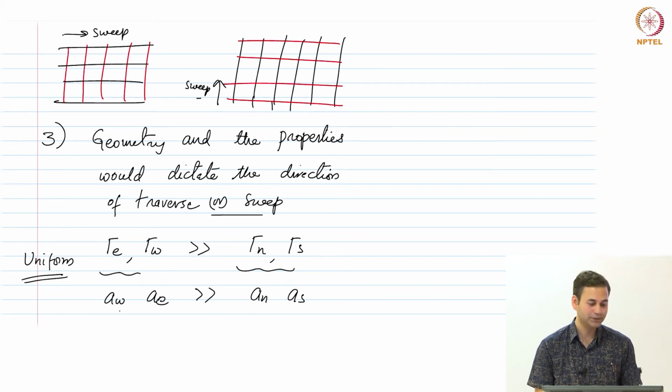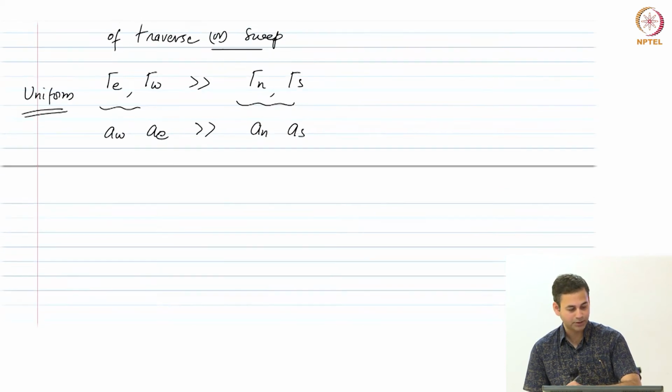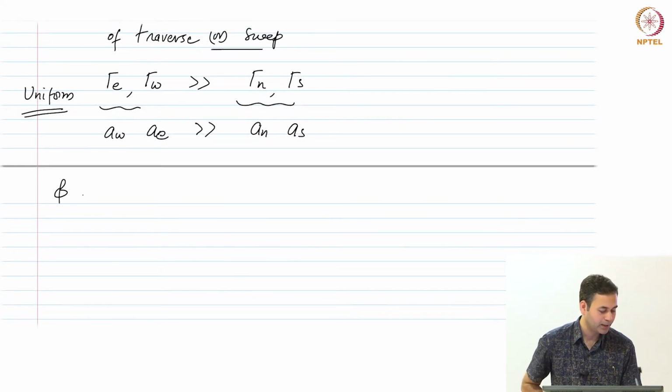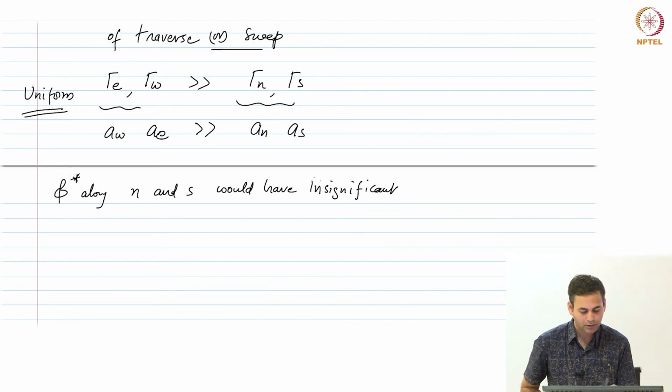So phi star along north and south would have insignificant effect on phi p.